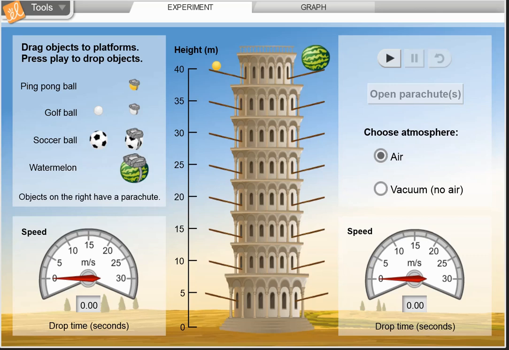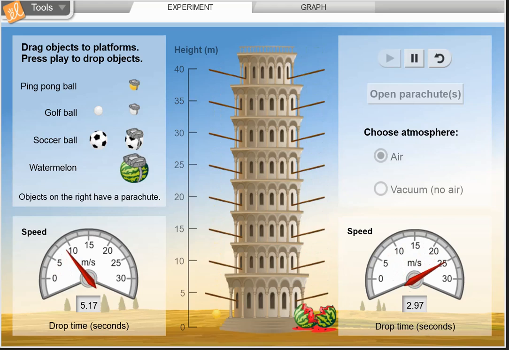You can see that in the presence of air resistance, the two objects did not reach the ground at the same time, because the air resistance depends on the speed of the object and its surface area, so it affects the motion of the falling object by slowing it down.